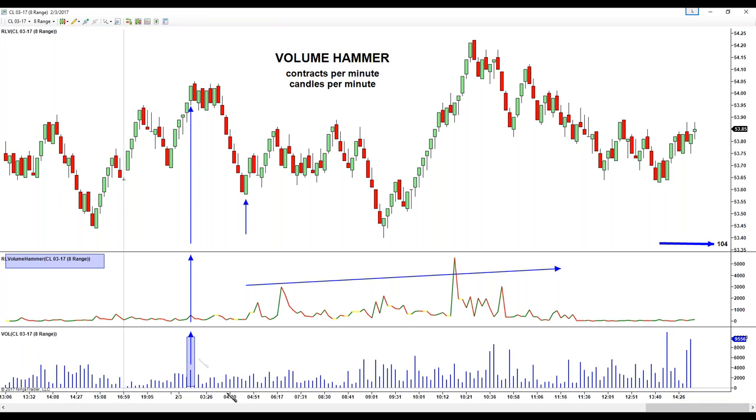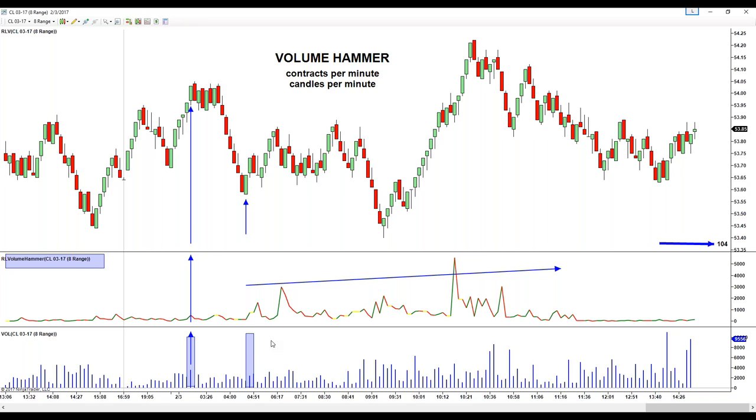That in no way provides you with an accurate assessment of how to trade volume, because volume should be based on one independent variable, and it should be independent of the rate of candle formation.